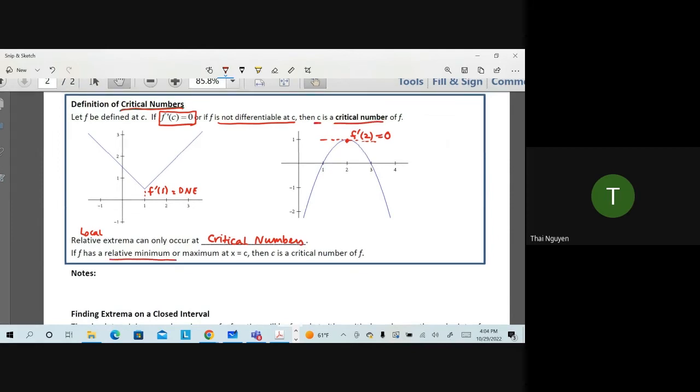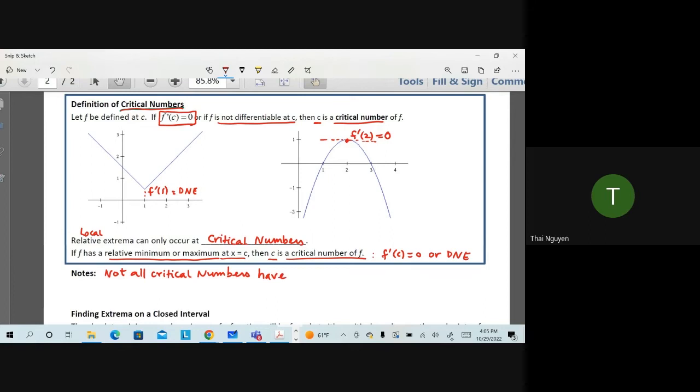So if f has a relative or local min or max at x equals c, then c is a critical number of f. That means f prime of c equals 0 or DNE. However, note, not all critical numbers have extrema.